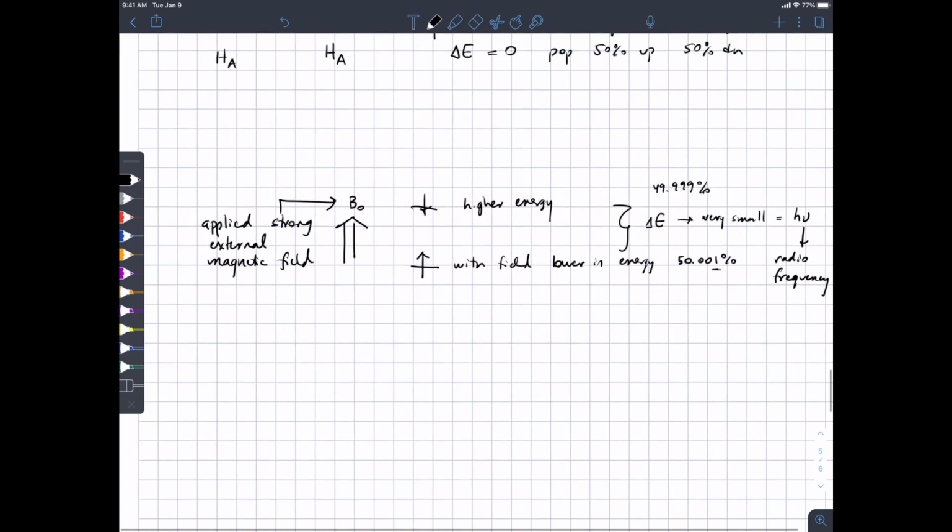So basically, we're going to be using radio frequency waves to cause a proton to jump from an aligned spin state to aligned against spin state. This difference in energy is going to change depending on the kind of proton we have, and we're going to use that to determine what kinds of protons we have in the molecule. So we'll continue with that next time.